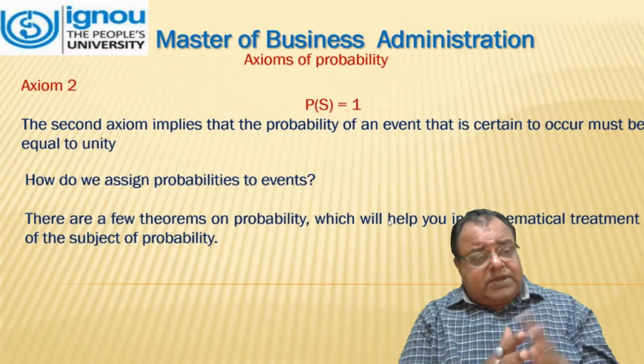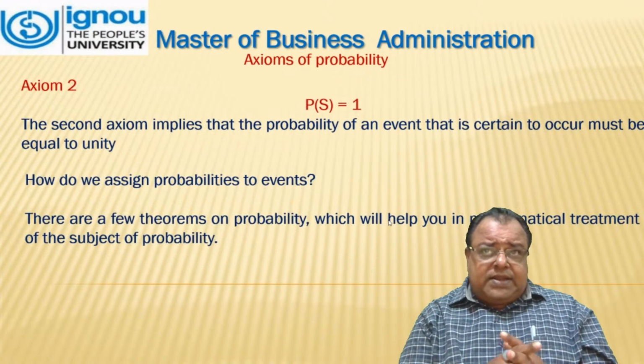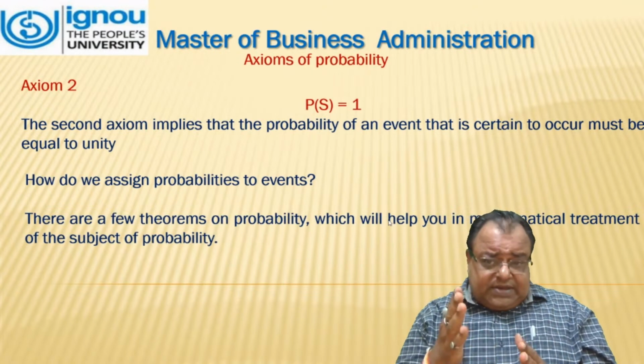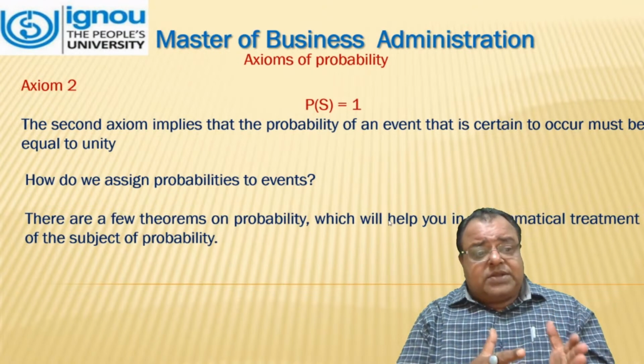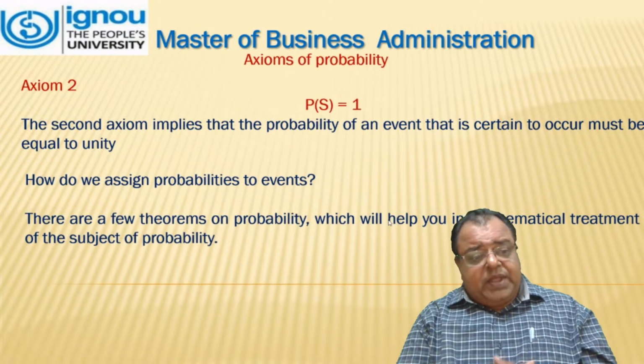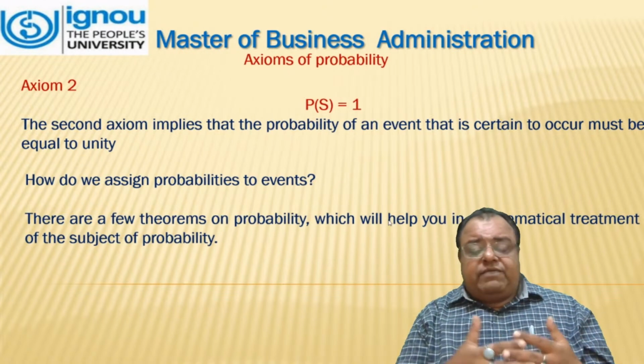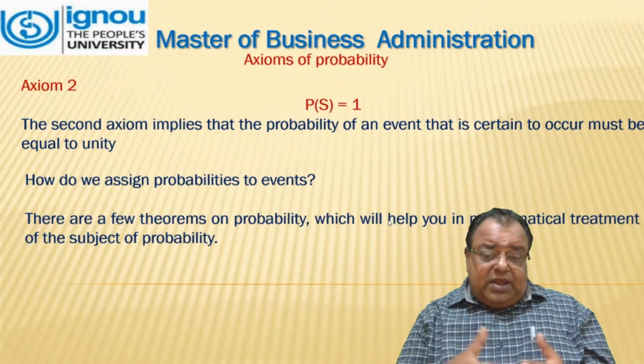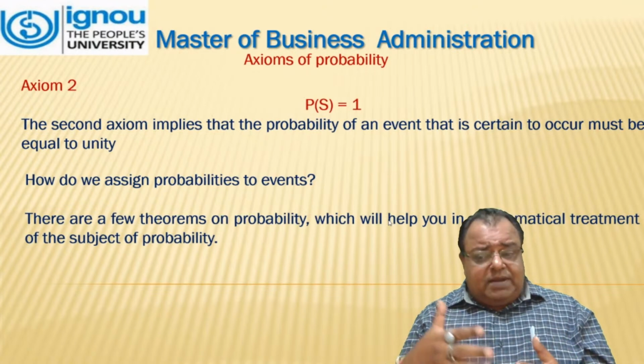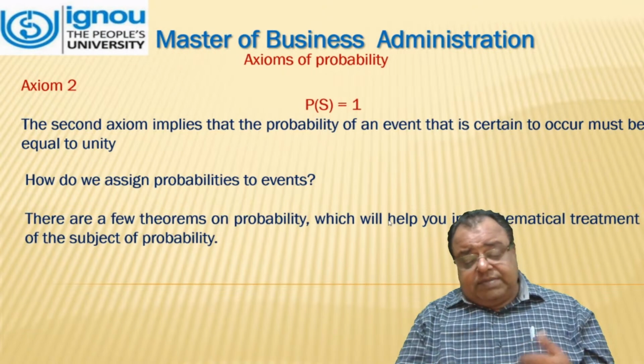Axiom 2 implies that the probability of an event that is certain to occur must be equal to unity. How do we assign probabilities to events? There are a few theories on probability which help us in the mathematical treatment of the subject.